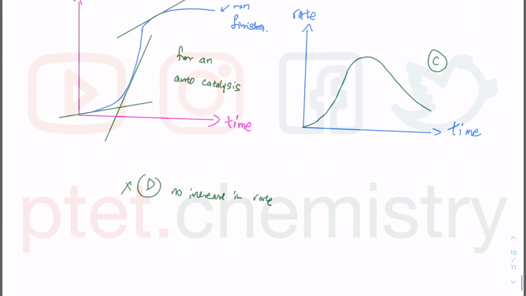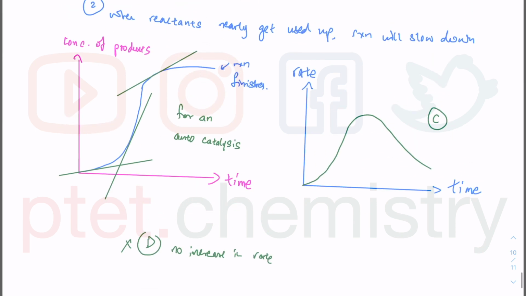If you look at A and B, this option here looks like B, but for B, this is concentration over time. This is not rate over time. So let's try to trick students who can't read the y-axis at all.